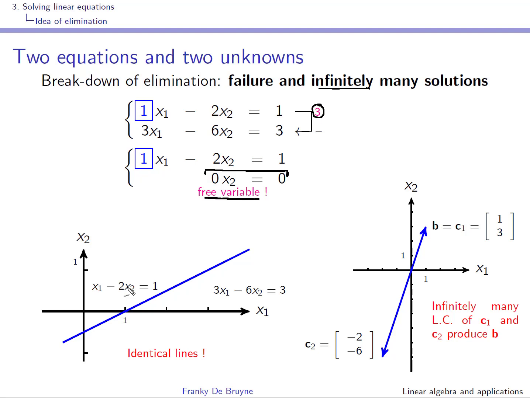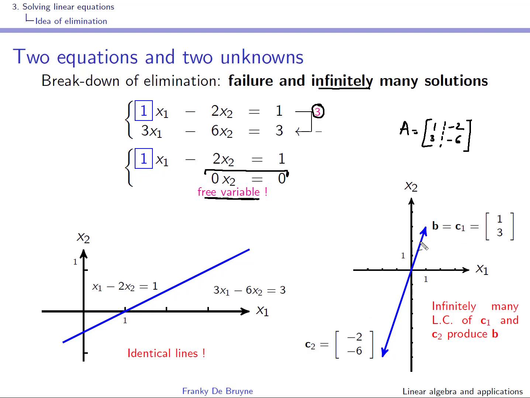Okay, so in the algebraic interpretation, remember that A is 1 minus 2, 3 minus 6. And the question is, is there a linear combination of the columns of A, column C1 and column C2, that produces B?